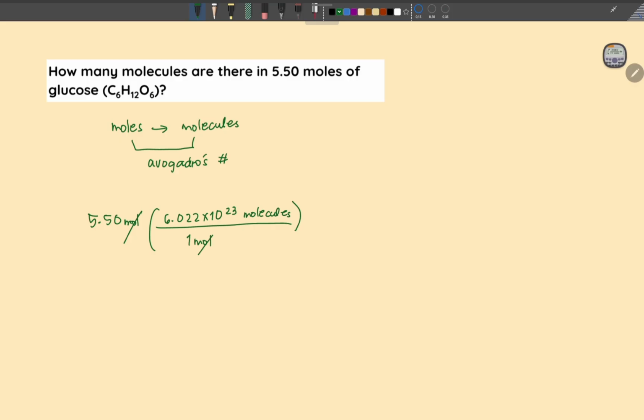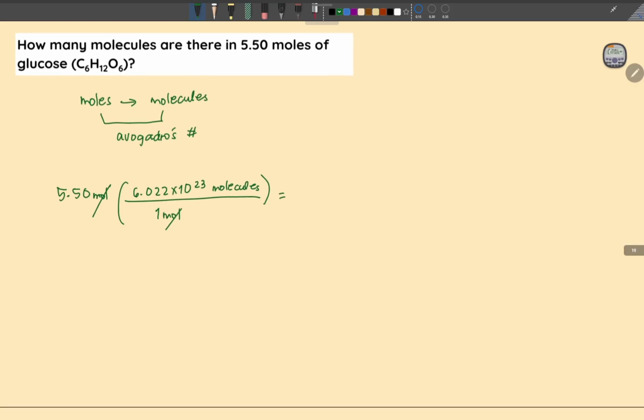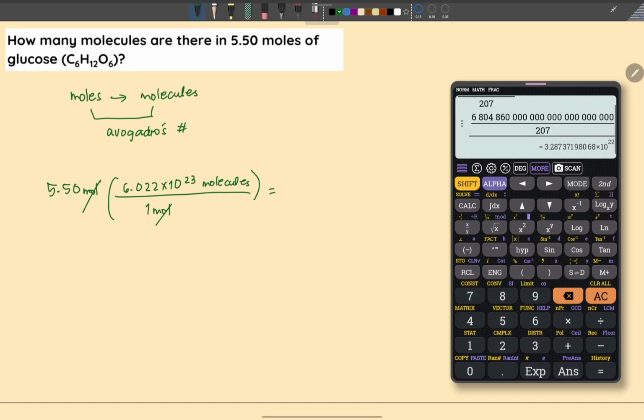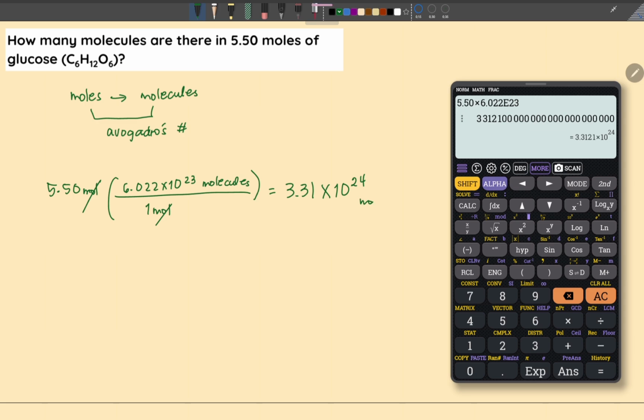Then cancel the moles, so we have molecules. Basically, you multiply 5.50 times 6.022 times 10 to the 23. So that will be 3.31 times 10 raised to 24. The unit is molecules.